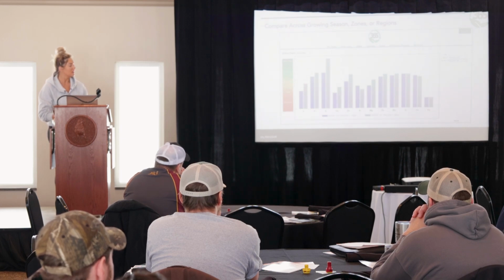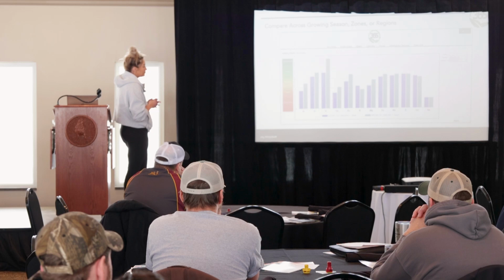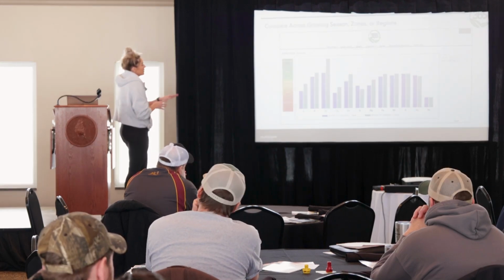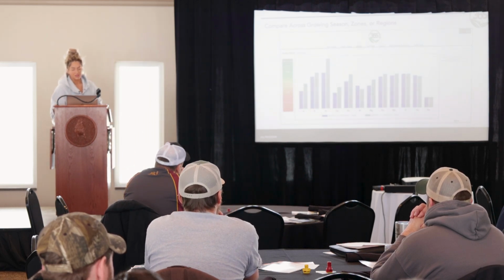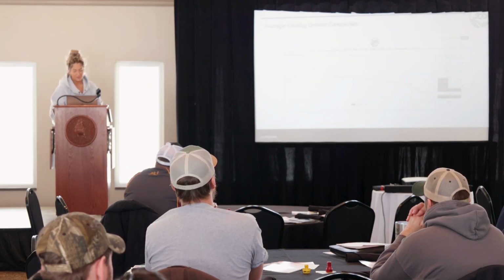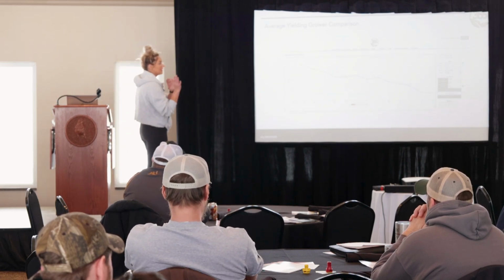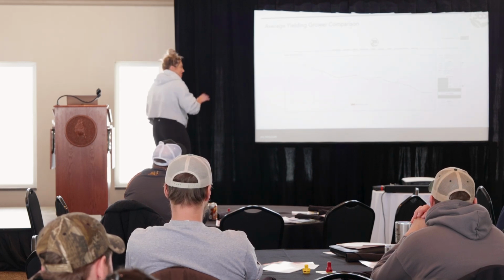Here next to it, this is showing the same zone at different growth stages. So this is showing where that nutrient is being taken up at those specific growth stages. Here is where growers spend a lot of time, and this isn't even 10% of what the dashboard shows now.